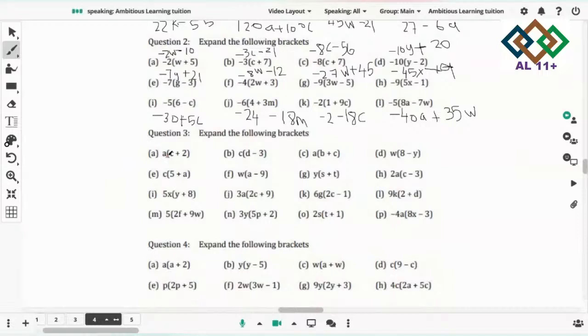So in this one, the answer would be AC plus 2A. This will be B, C, D minus will be C, D. It'll be C, D minus 3C.